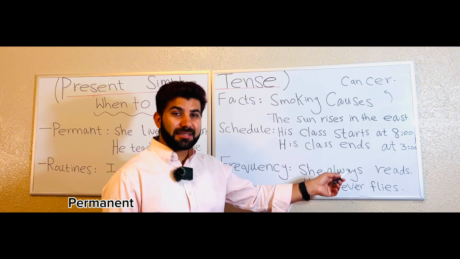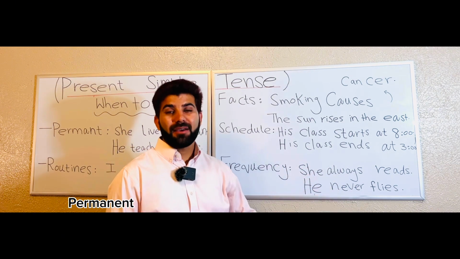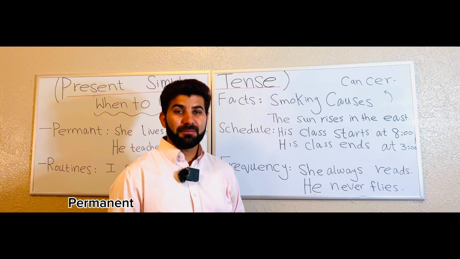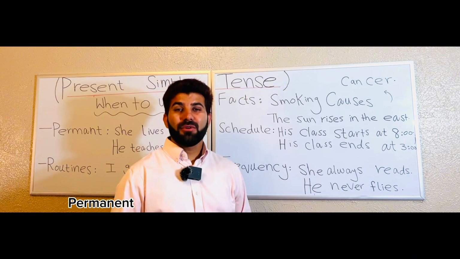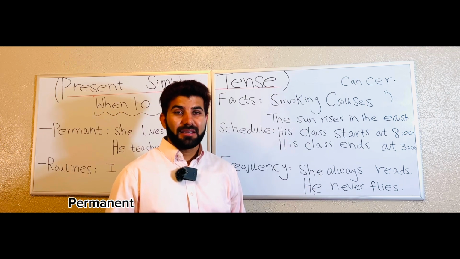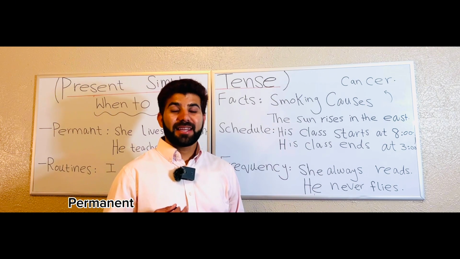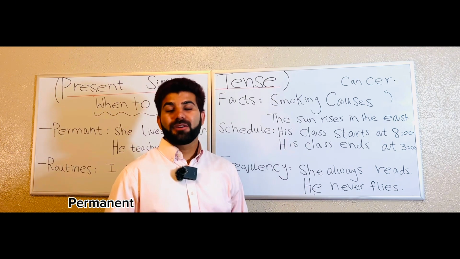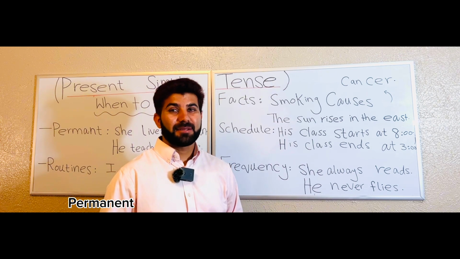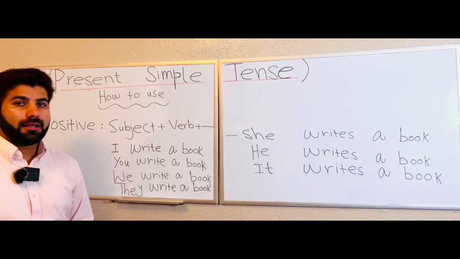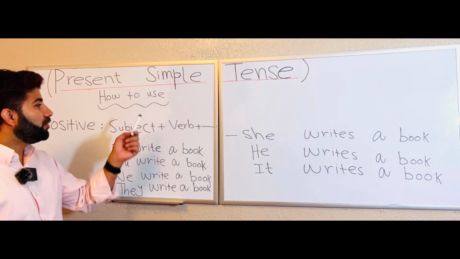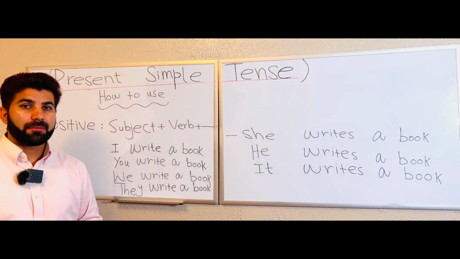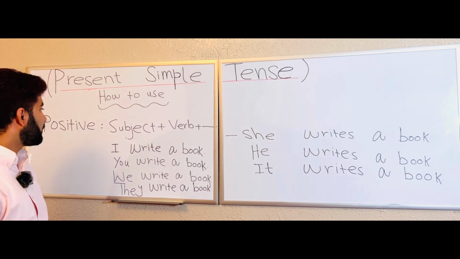When there is always, we have to use the present simple tense. He never flies. If somebody never flies, meaning something never happens, then there we can also use the present simple tense.